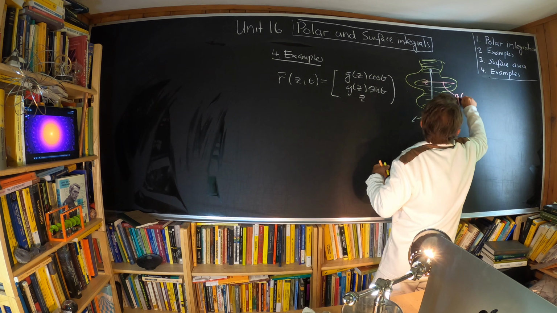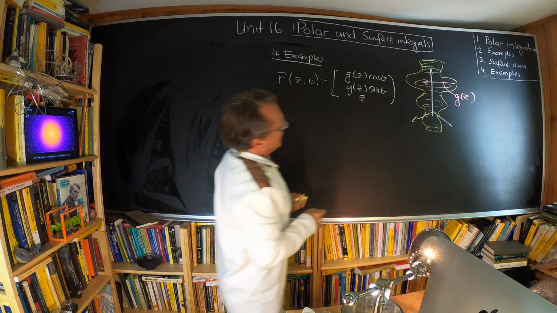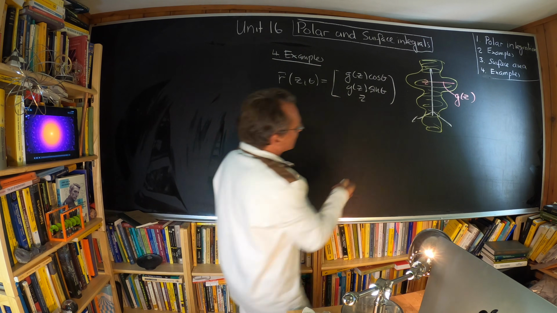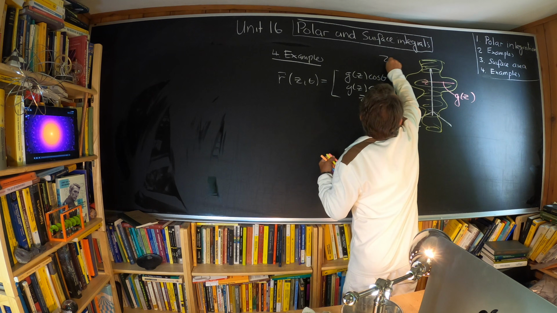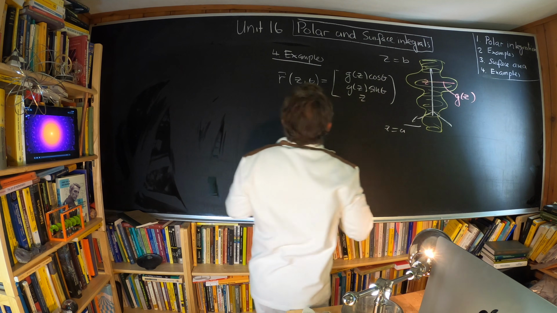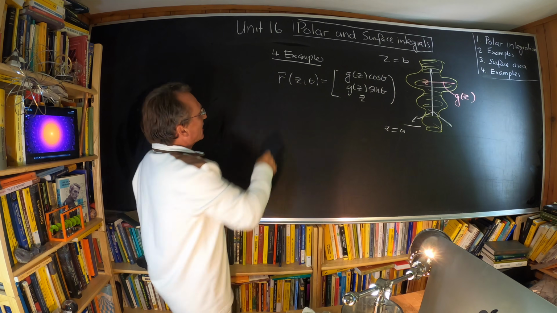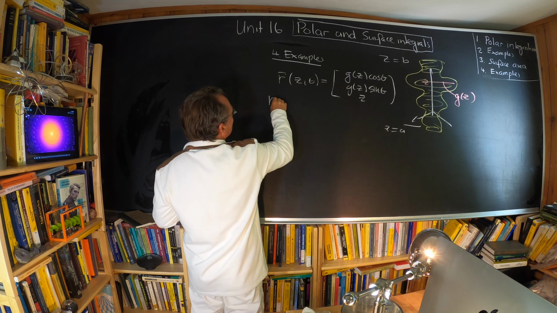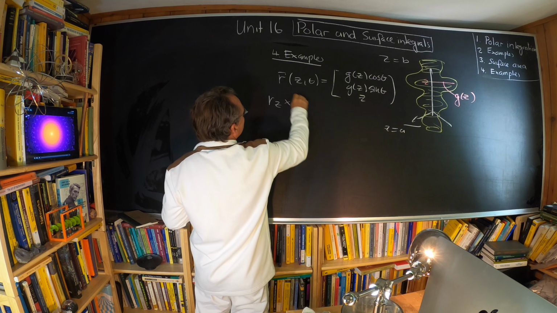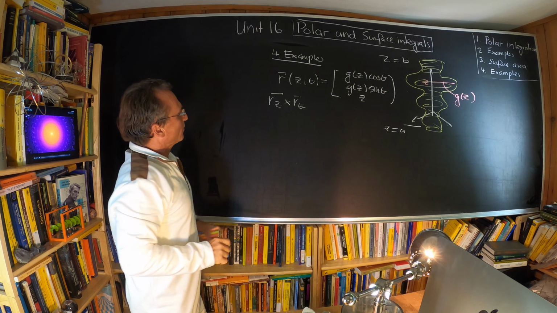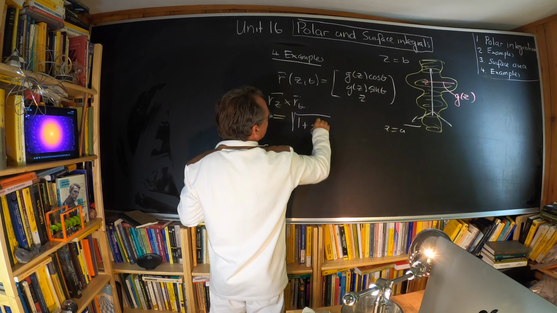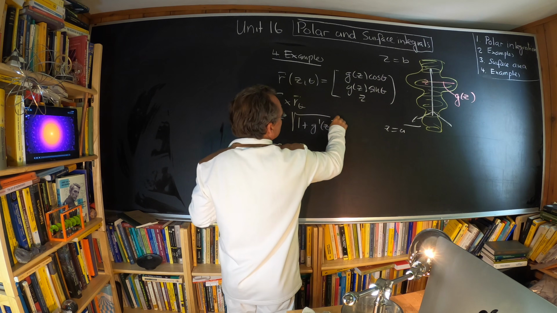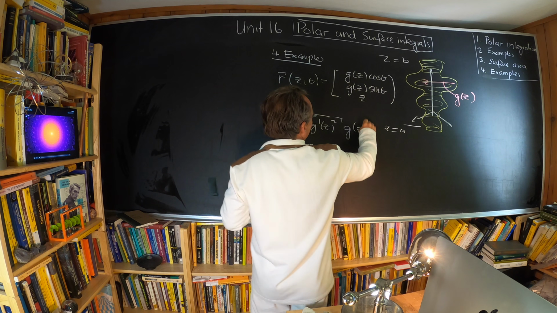That's g of z. Then we integrate maybe from z equal to a to z equal to b. I will derive that in class, but if you compute r_z cross r_theta, you can do that quickly. What we get is the square root of 1 plus g prime of z squared, times g of z.